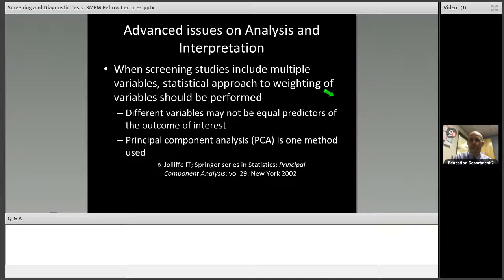Or if they are not equal, at least the weighting that you're giving to each of these factors is based on their individual contribution to the final prediction value for the outcome of interest. So this is something that's a little bit more advanced, but again, it's something that you see a lot in the literature.